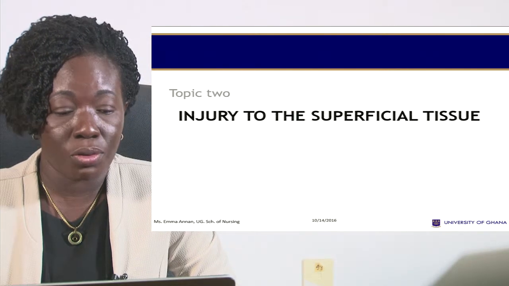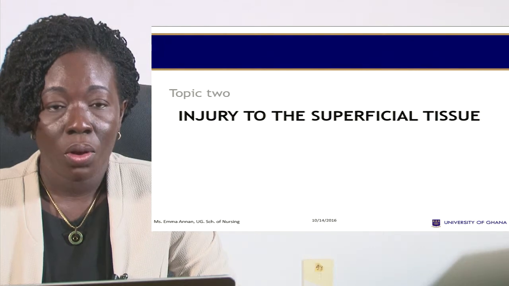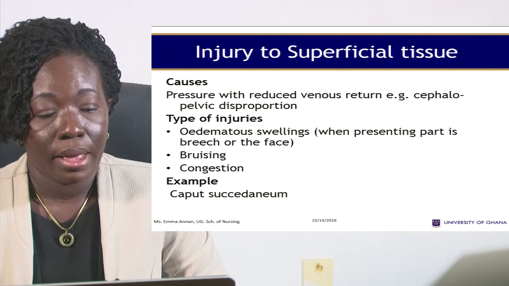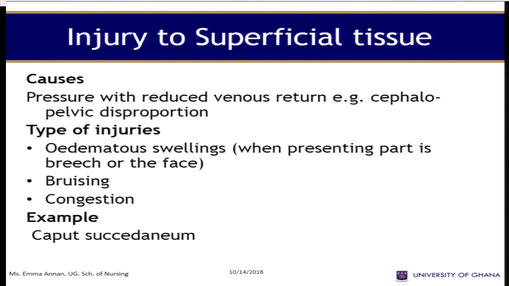We'll move on to injury to the superficial tissue. What are the causes? The causes are pressure with reduced venous return.